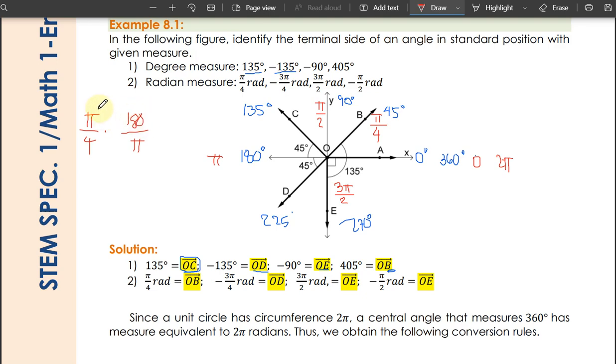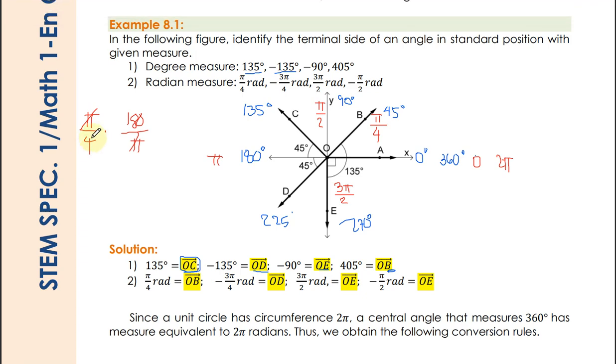So pi cancels, 180 over 4 remains. 180 divided by 4 is 45. So positive 45 degrees. Tada. So the answer here is OB.